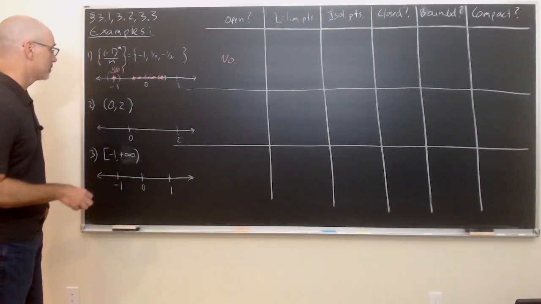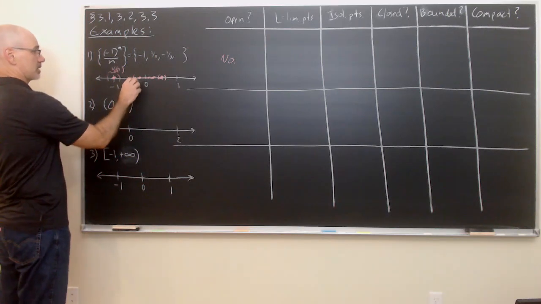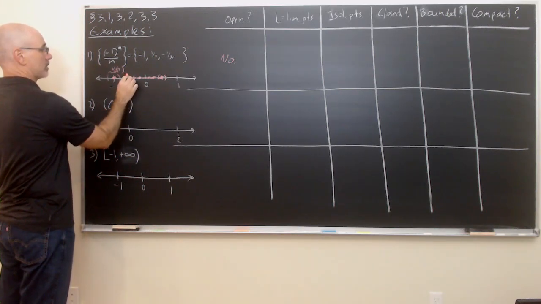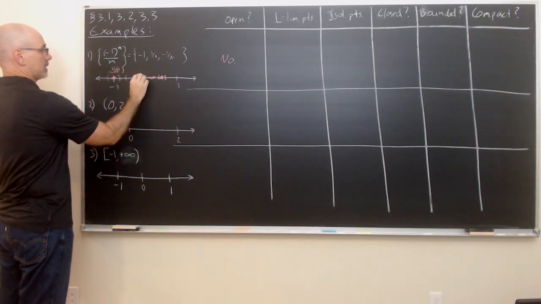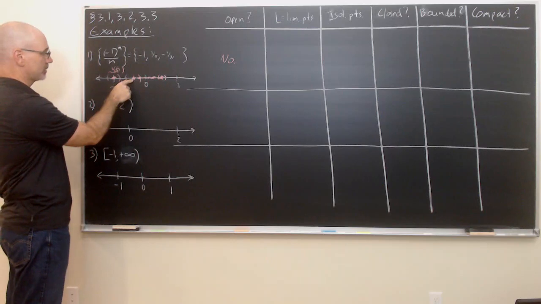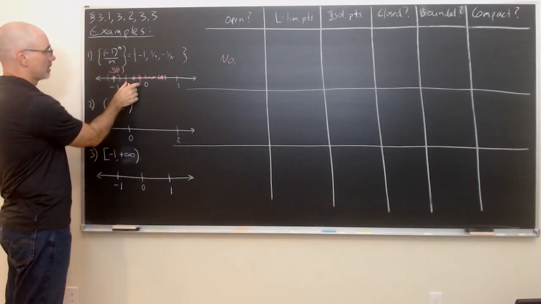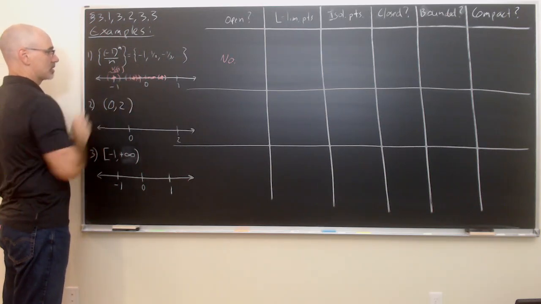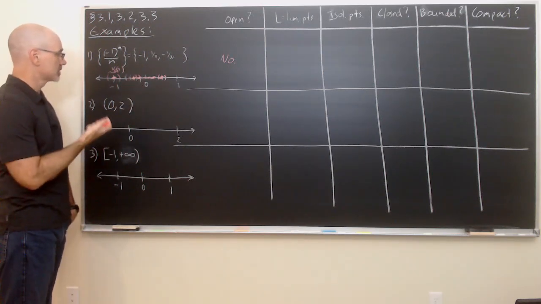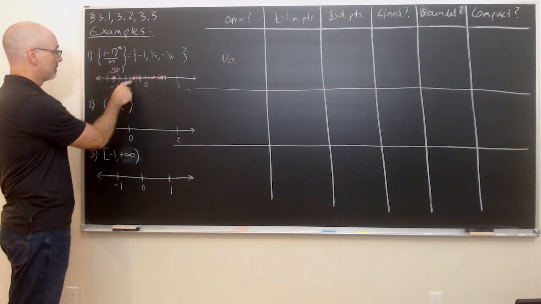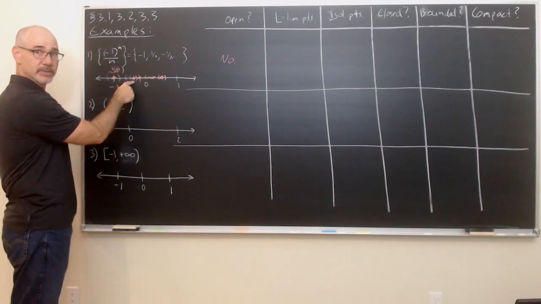So for example, if I took minus a third, then that would be a neighborhood, right, not including minus a third, but that neighborhood would intersect the set. But if I drew a smaller one, the smaller epsilon neighborhood would not intersect the set. So minus a third fails to be a limit point.